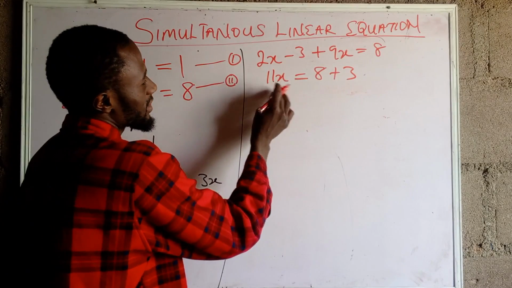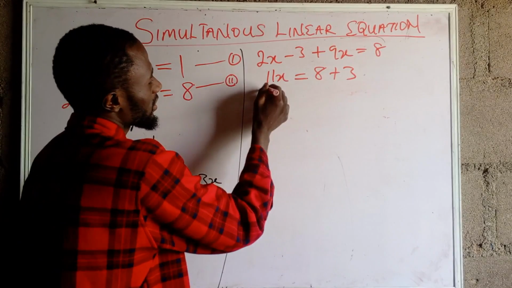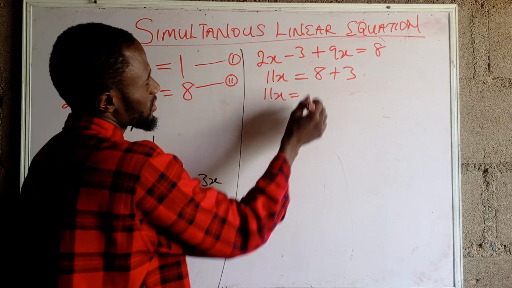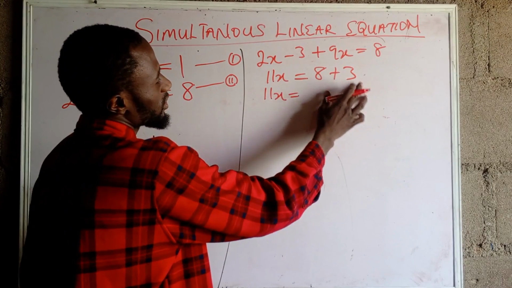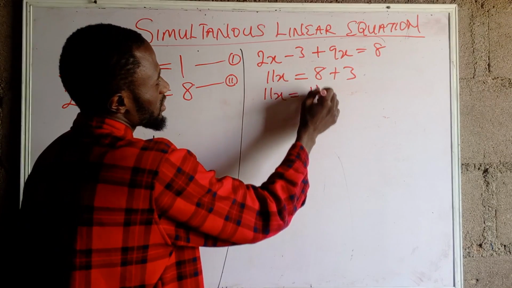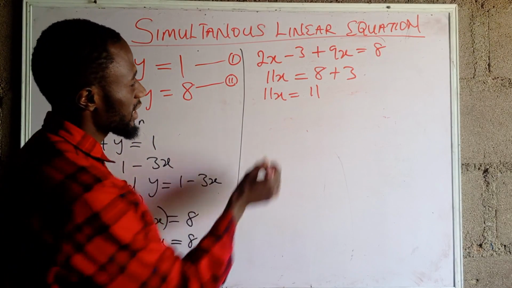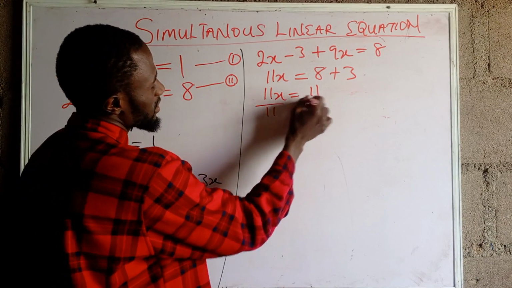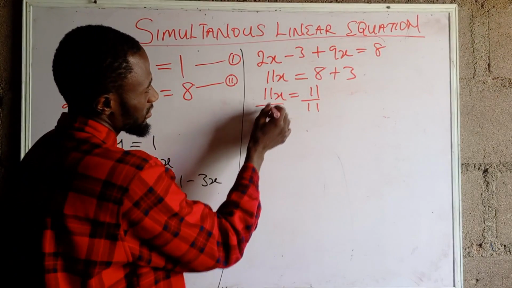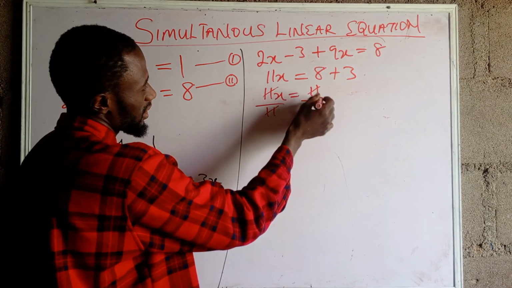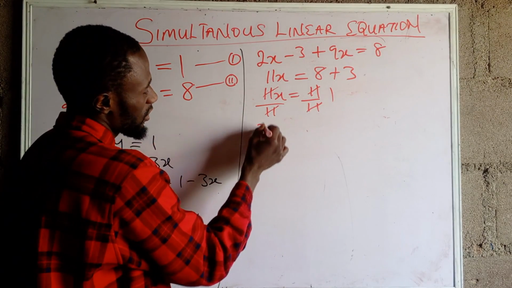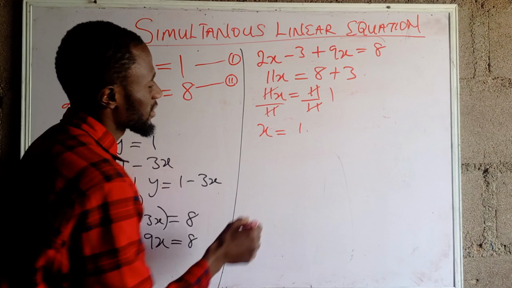Now we are going to add 8 plus 3. We have 11x is equals to 8 plus 3, also is equals to 11. Now we are going to divide both sides by the coefficient of x, by saying this 11 cancels out, also this 11 cancels out, remains 1. We have x is equals to 1.